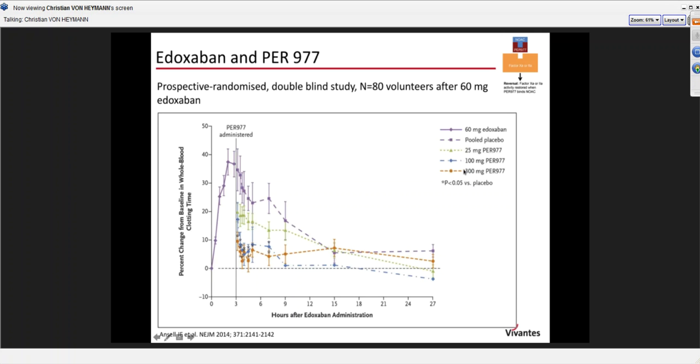And what you see here is the brown line, the whole blood clotting time after the infusion of serum parantarac, which has been almost reduced to near normal levels in these healthy volunteers, and this was even more pronounced with a higher dose than with a smaller dose, for example the 25 milligram dose.